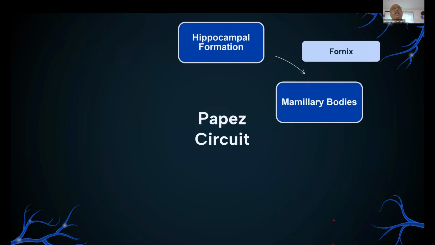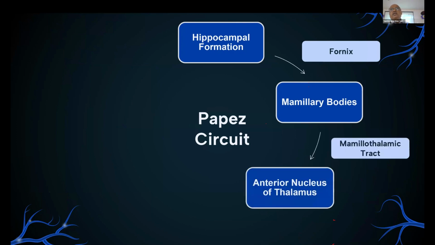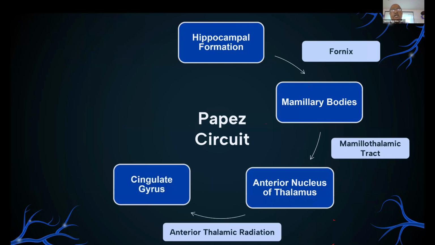That fornix will end in your mammillary body. We will demonstrate all those things, don't worry. The mammillary body is connected to the anterior nucleus of the thalamus through the mammillothalamic tract. Next, the anterior nucleus of the thalamus is connected to the cingulate gyrus through the anterior thalamic radiation. Carefully go through it for the final quiz.